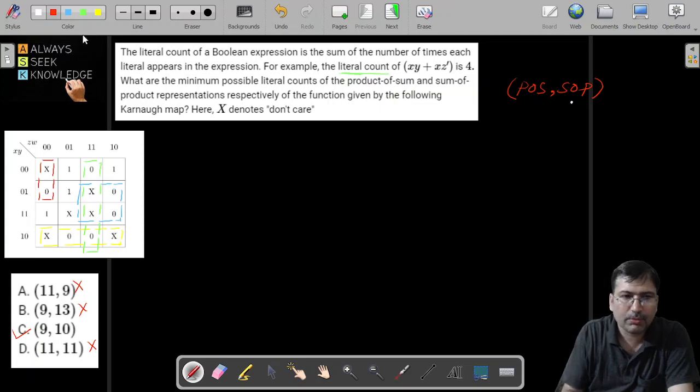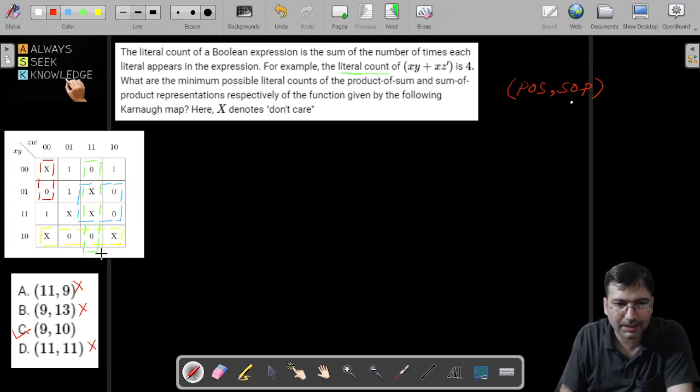Now again the same concept, you can quickly count the number of literals. So this is the group of 4 members, this is the group of 4 members, and this green group is also 4 members. So that means here you will get 2 literals because 2 will be eliminated.